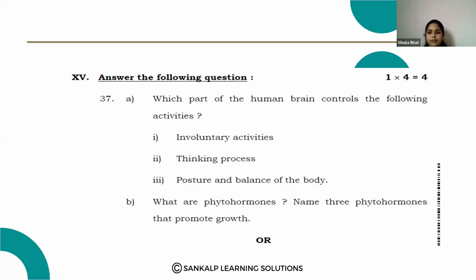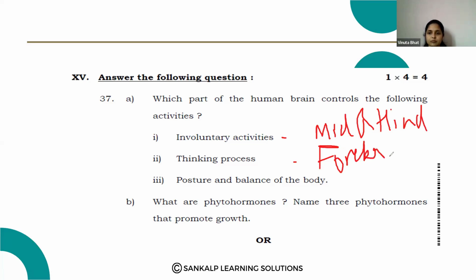Okay. So please note down the answers here. Mid and hindbrain. Then thinking process, that is forebrain. Then this is the cerebellum.